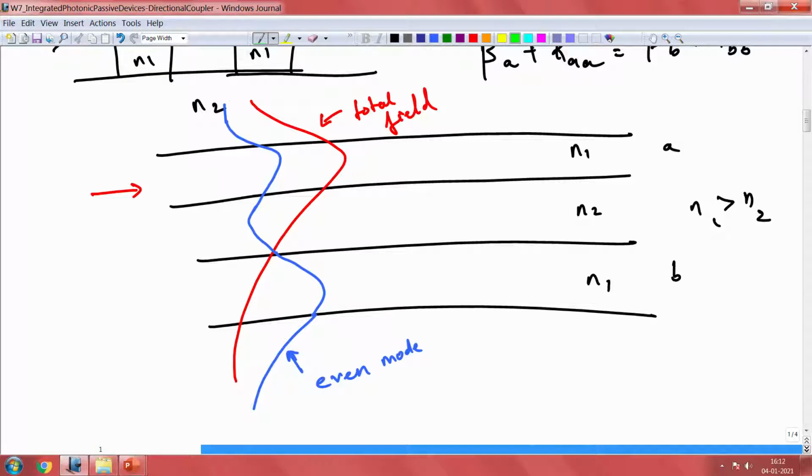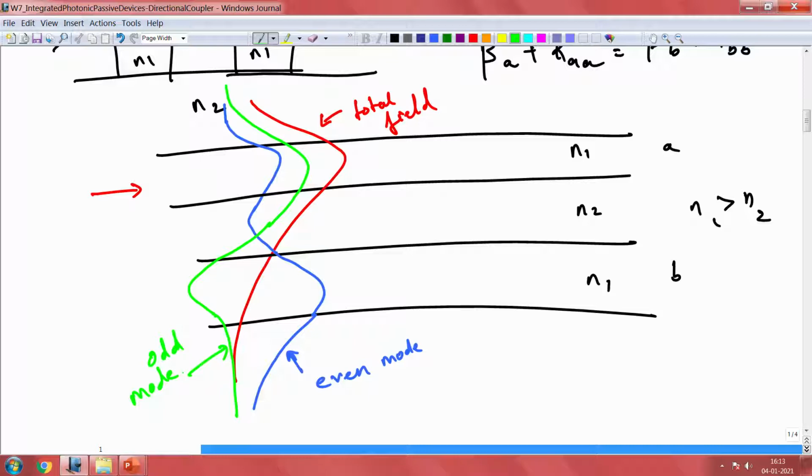So, the odd solution would look something like this, so this is our odd mode.